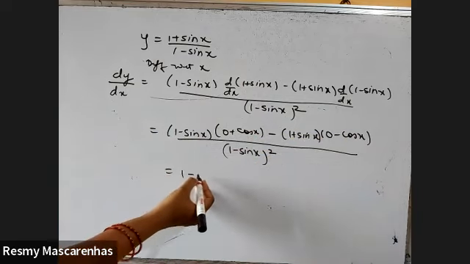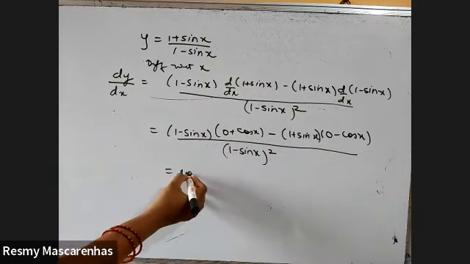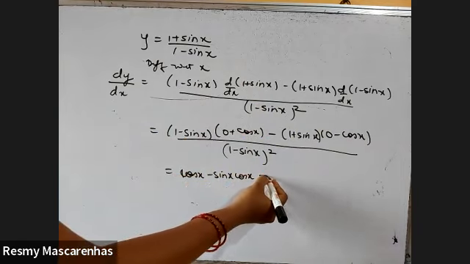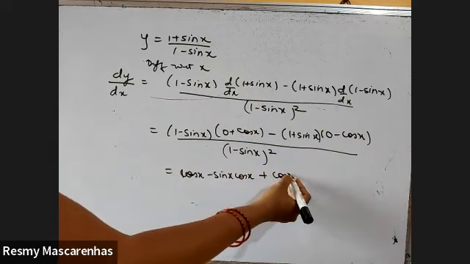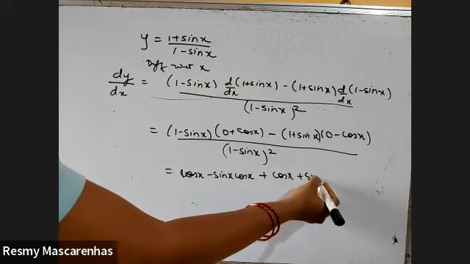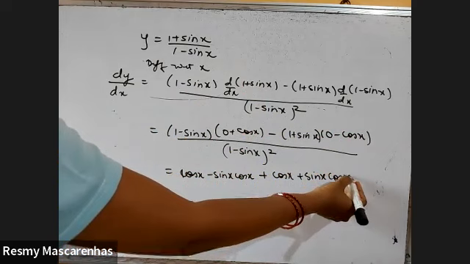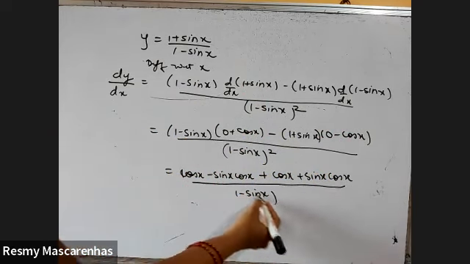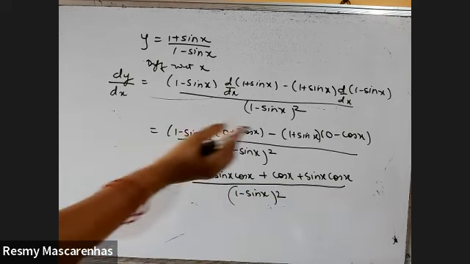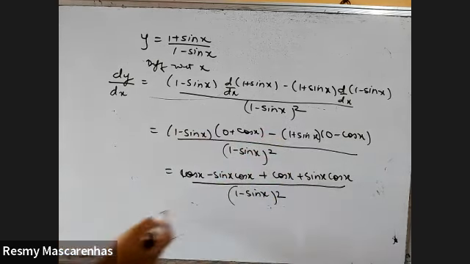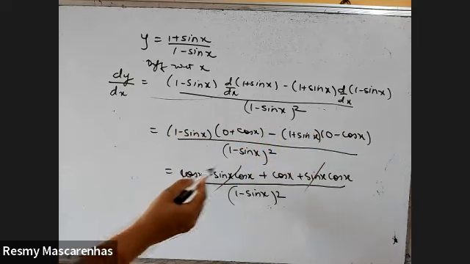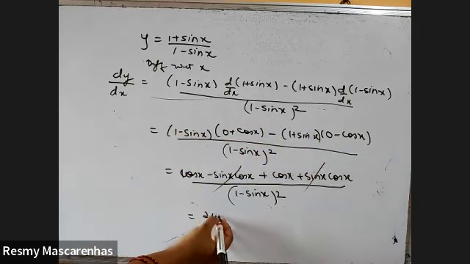Open up the bracket. Minus into minus will give me plus. Cos x plus cos x is 2 cos x.